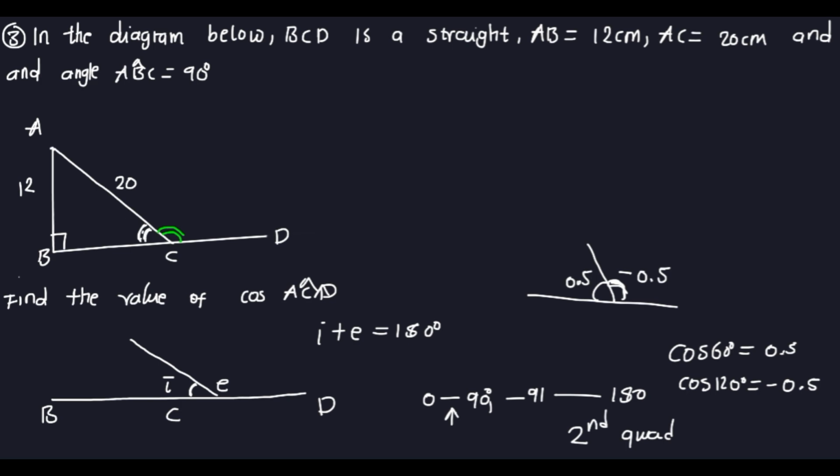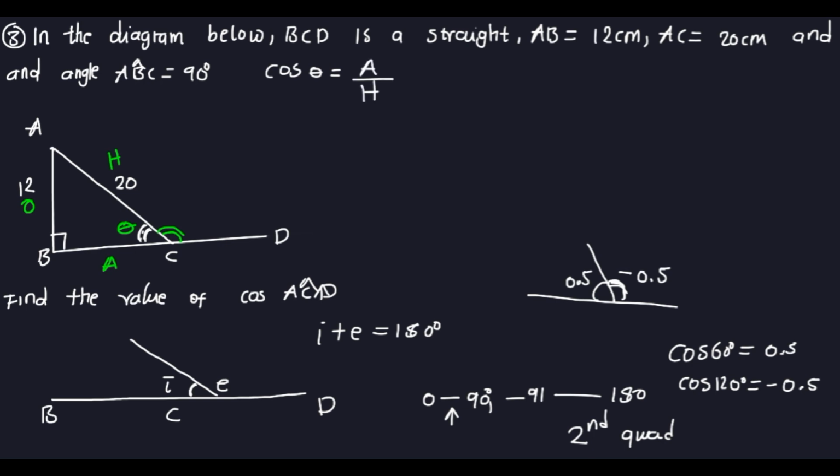So let's put this angle as our angle of consideration. So let's find this one here. If we look at this angle here, this is our opposite, adjacent, and hypotenuse. So let's look at cos. The formula is cos theta is equal to adjacent over hypotenuse.